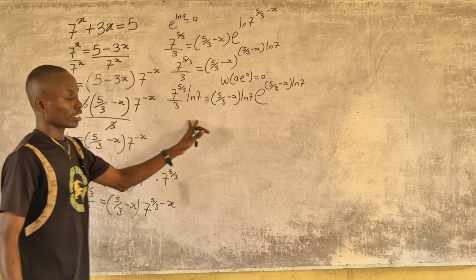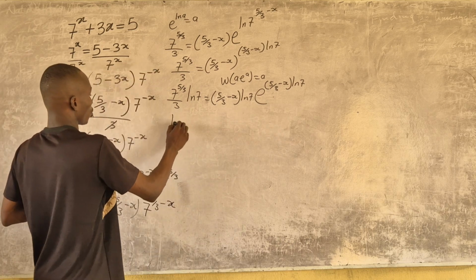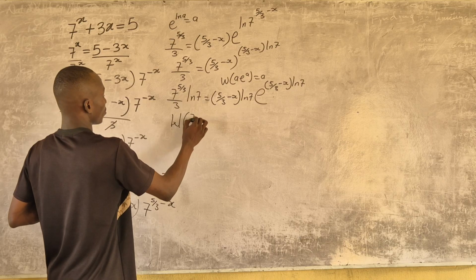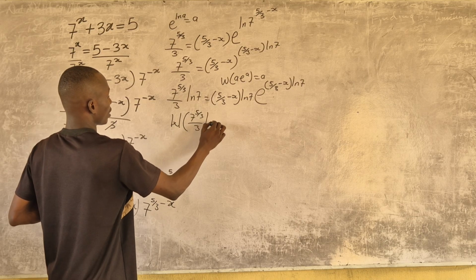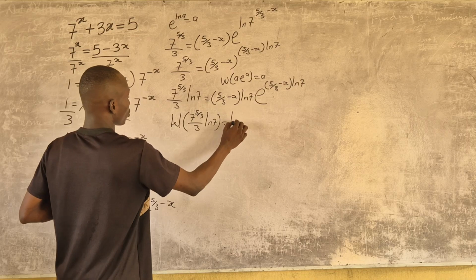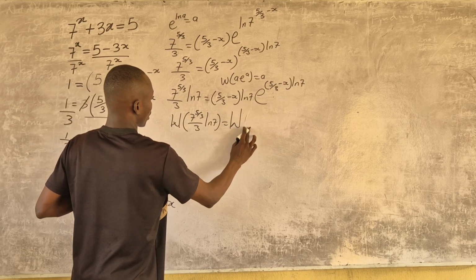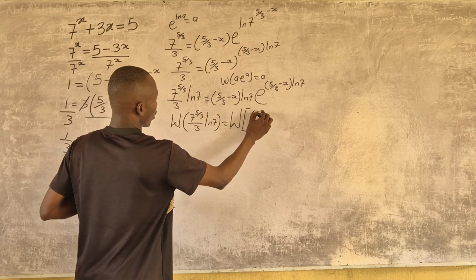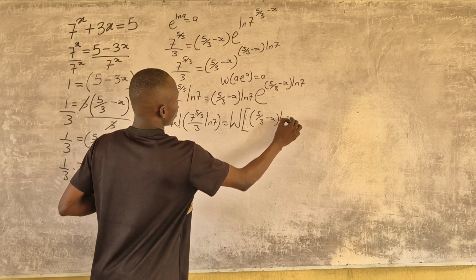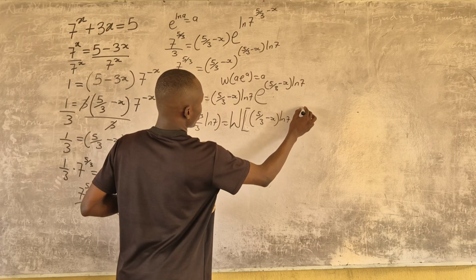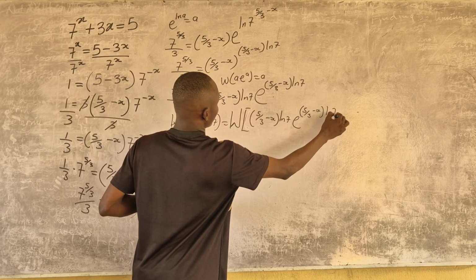At this point, we want to take the Lambert W function of both sides. That means the Lambert W function of 7 to the power of 5 divided by 3 times ln 7 equals the Lambert W function of, let me use brackets, 5 divided by 3 minus x, then ln 7, then multiply by e to the power of 5 divided by 3 minus x, then ln 7.